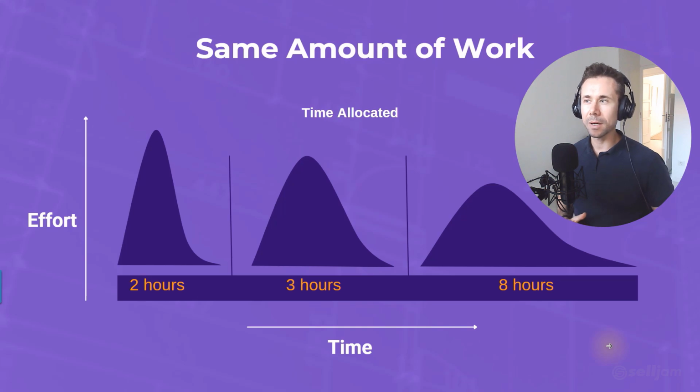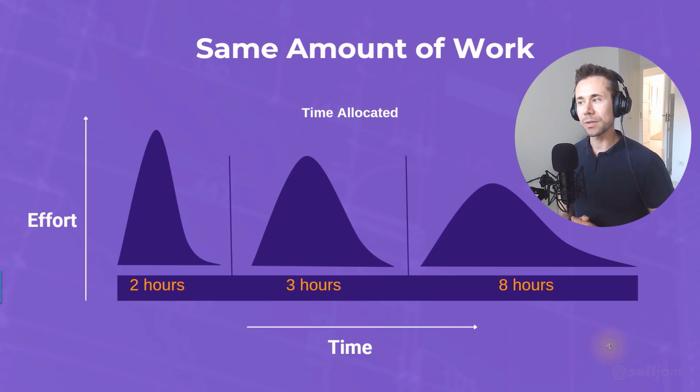So to see Parkinson's law at play, here we have a diagram showing the amount of time allocated to a task on the x-axis, and the amount of effort required for the task and the amount of effort given towards the task to complete it on the y-axis.